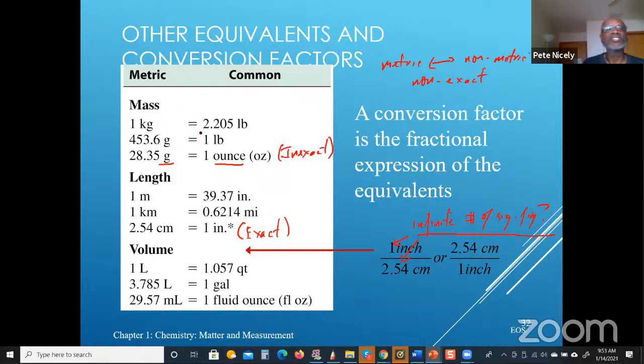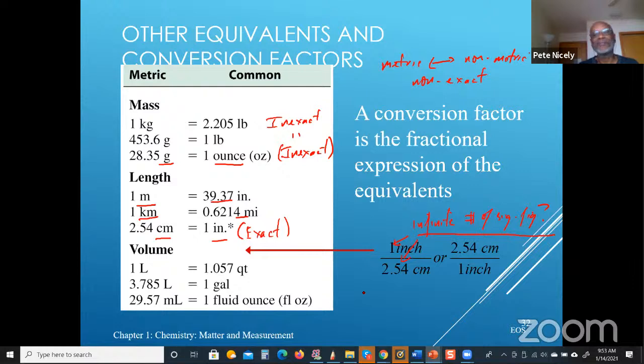Same thing for this relationship. In fact, all of these three here are measured or inexact relationships, right? So inexact here, and this is inexact, right? The same is true for the relationship between the meter unit and the inch unit, the kilometer unit and the mile unit. Any relationship between metric and non-metric units will not be exact, all right? Now, the only exception to that, of course, is what I mentioned before, the relationship between the inch unit and the centimeter unit. That is by definition, and therefore that would be an exact relationship.